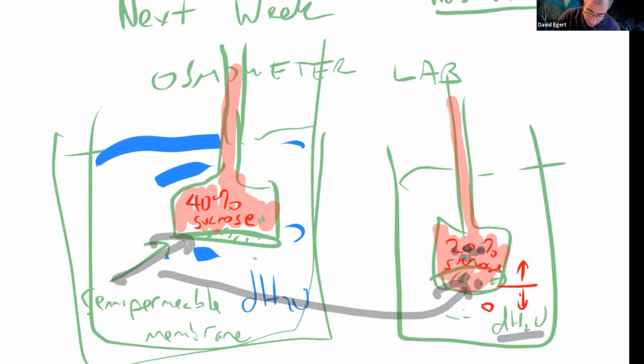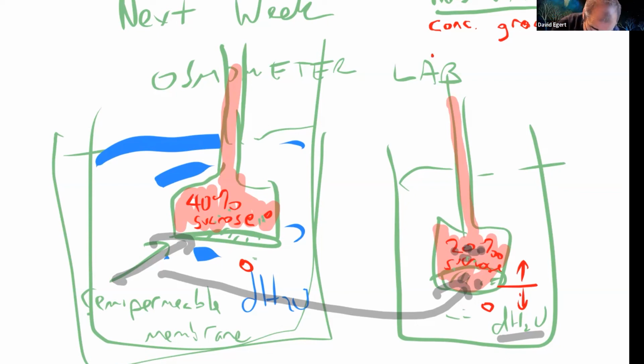This goes from 0 sugar to 20% sugar. This goes from 0 sugar to 40% sugar. So our independent variable is going to be the concentration gradient. People get into trouble here by saying that the variable is concentration, because concentration in and of itself is not going to affect how fast the water moves.